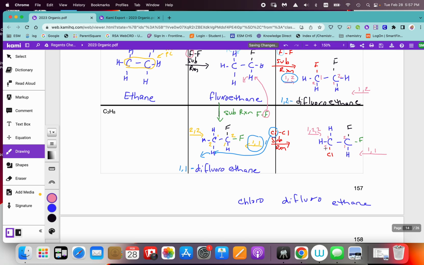When I look at this, the chlorine is on carbon 2. So when I look at my number designations, I go with the lower combination, 1,2,2 or 1,1,2. Well, 1,1,2 is the lower combination of designations, okay? So my difluoros are 1,1, and the chloro is on 2.